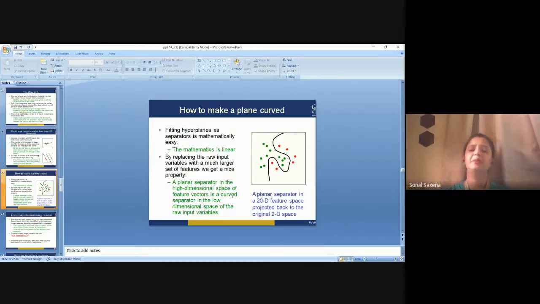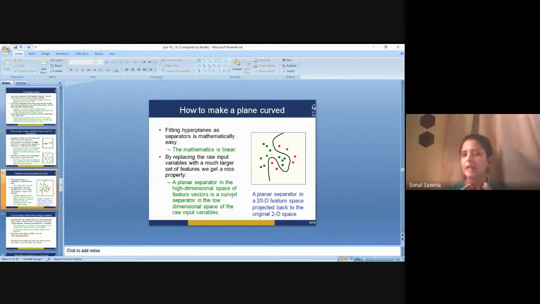Now, how to make a plane curved? Because sometimes you cannot separate the classes in a linear fashion. So in that case, we need a curved plane. So how can we make that? Fitting hyperplanes as separators is mathematically easy because the mathematics is linear. But by replacing the raw input variables with a much larger set of features, we get a nice property.